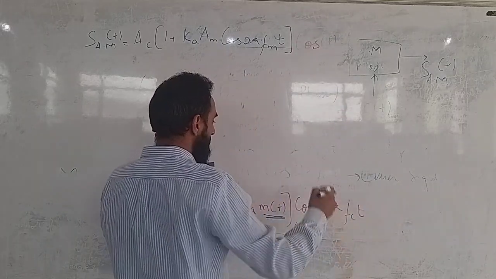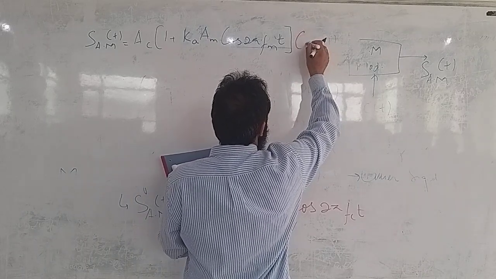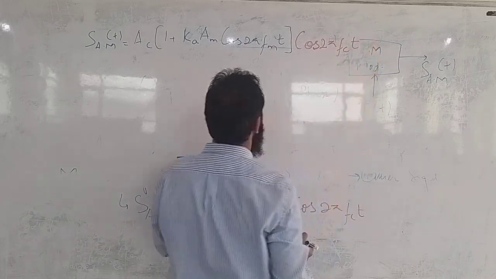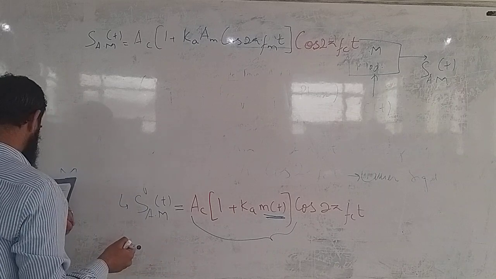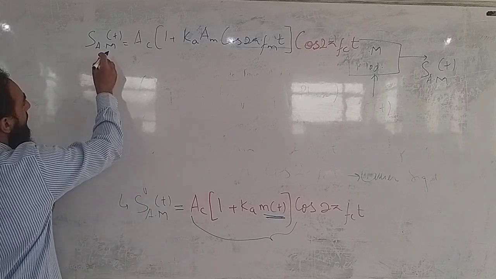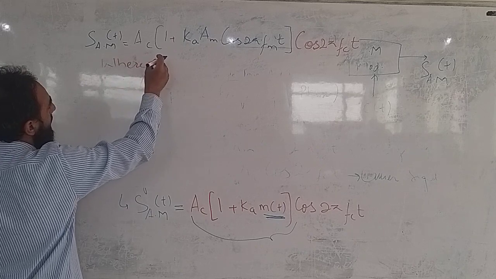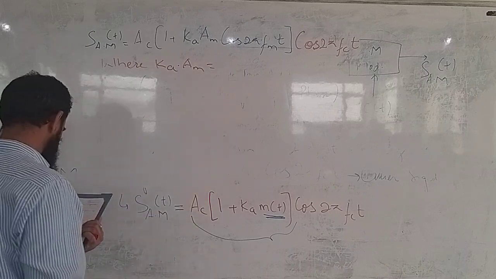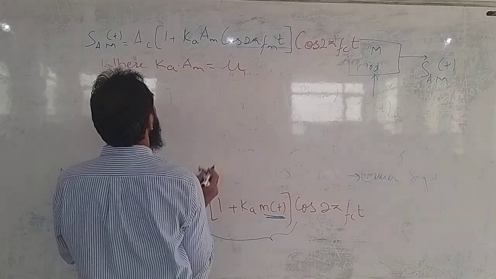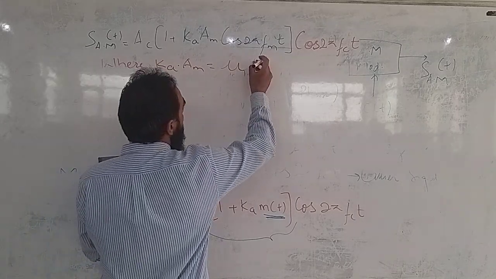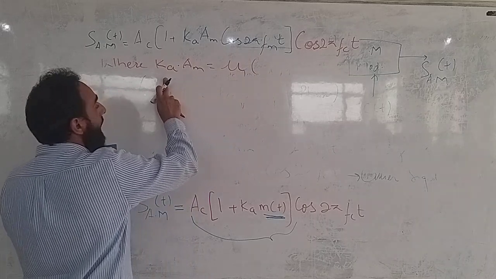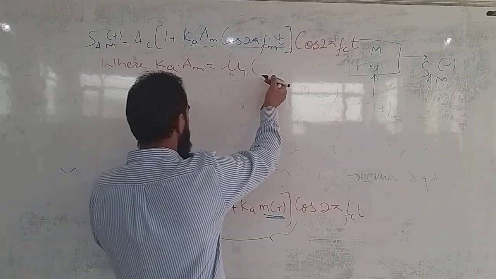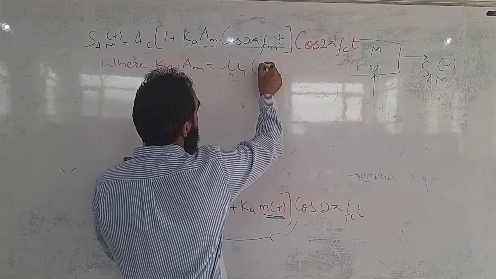You can write where KA into AM is equal to mu. That is very important term. KA AM जो यहाँ पे ये चीज है is equal to mu and mu is very important term.